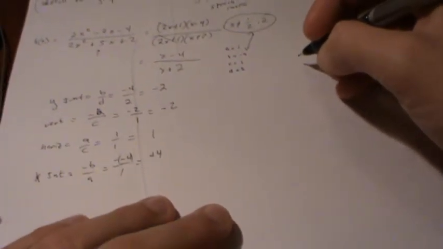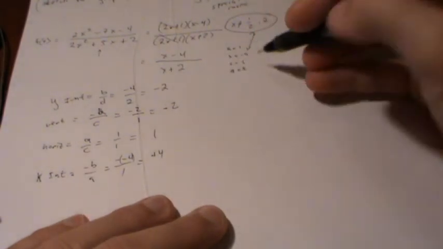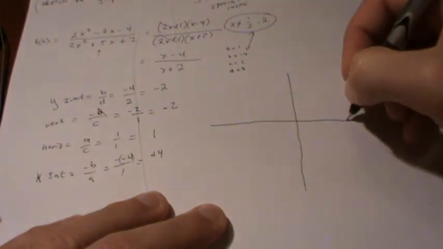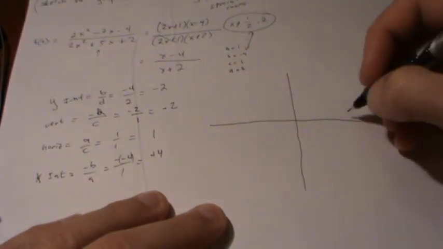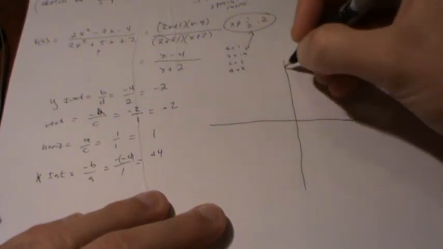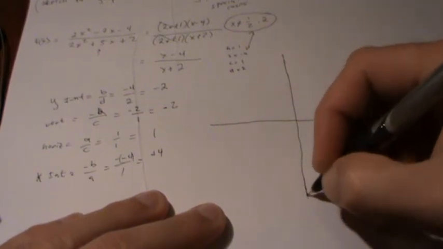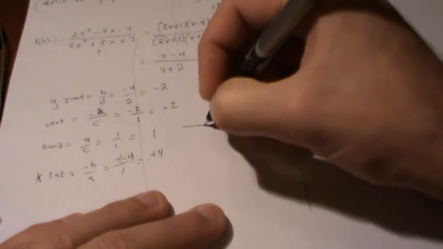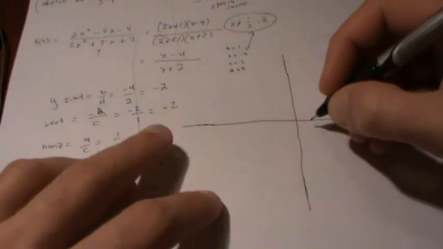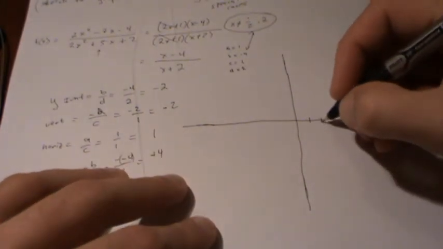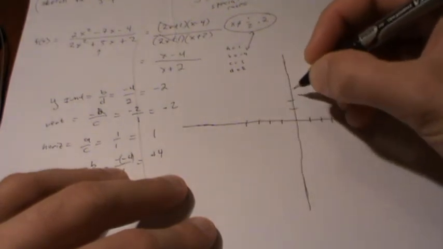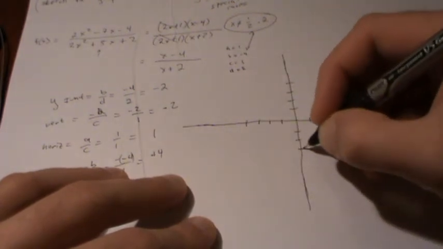And now with that information, look at all that. I can make a pretty nice graph of this thing. Alright, so we've got 4s and 2s here. 1, 2, 3, 4. 1, 2, 3, 4.